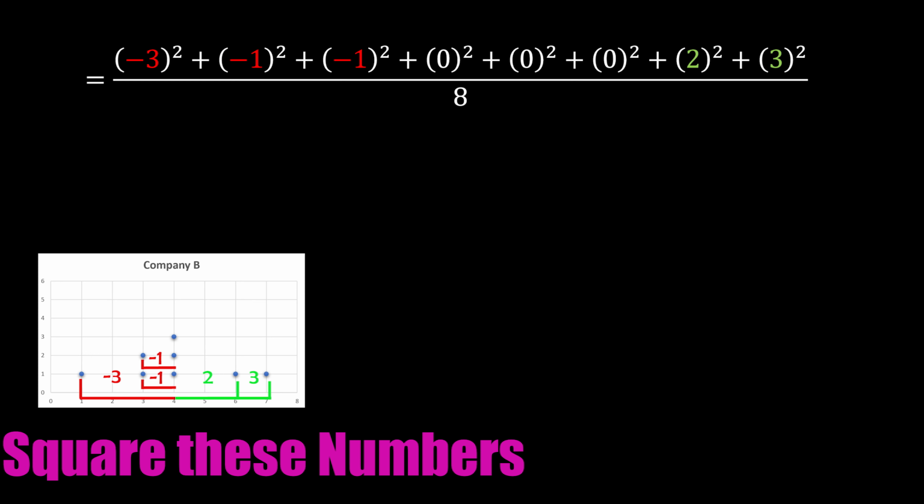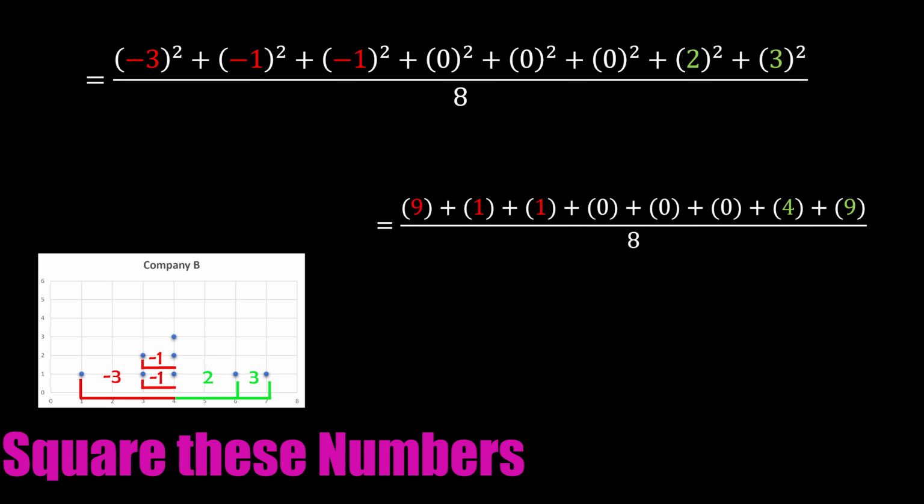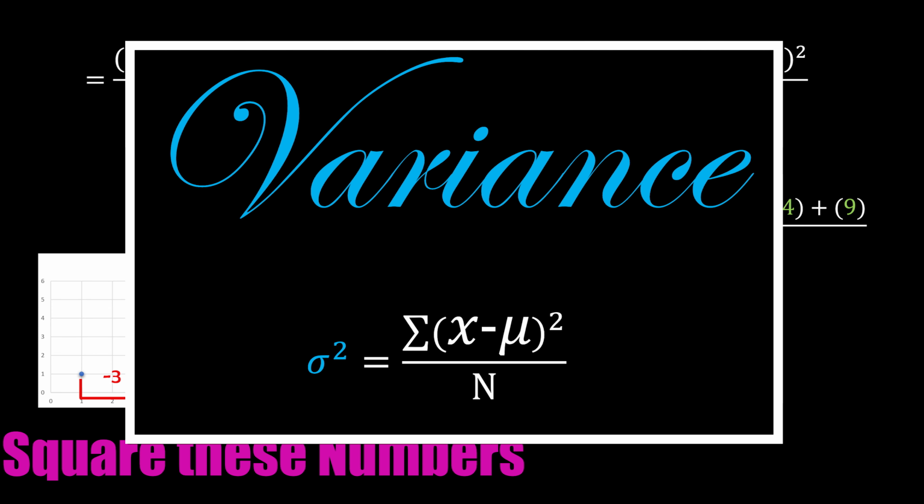I'm going to take the mean of the square displacements. And now everything works. It preserves the uniqueness and leaves us with a positive numerator. This formulation is called the variance and is denoted by sigma squared.